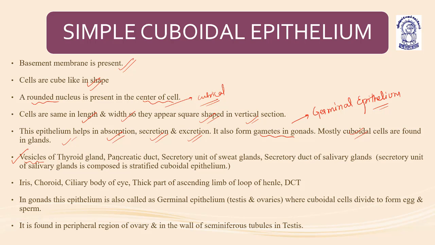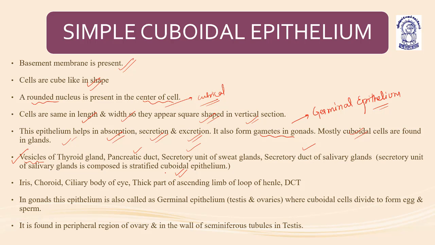Vesicles of the thyroid gland, pancreatic duct, secretory unit of sweat glands, secretory duct of salivary glands. The secretory unit of salivary glands is composed of stratified cuboidal epithelium. So please remember, the secretory duct of salivary glands and the secretory unit of salivary glands are two different things.